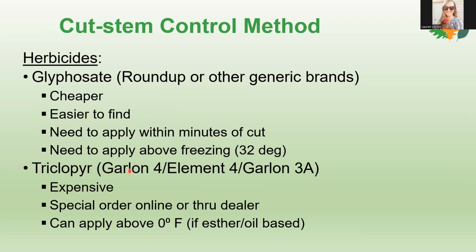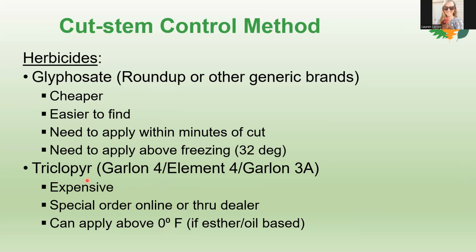Same with triclopyr. The brand names are Garlon 4, Element 4. These two with the number 4 are oil based, so you can apply them when it's a bit colder, when it's below freezing, but not totally, not below 0, I would say.